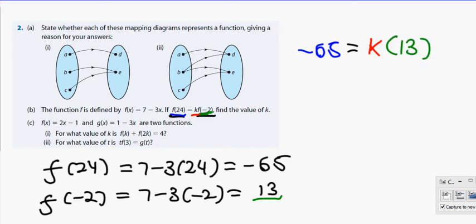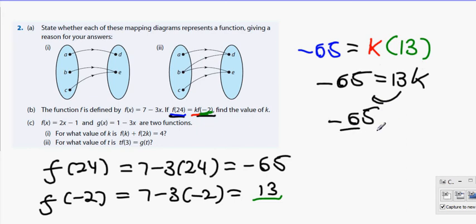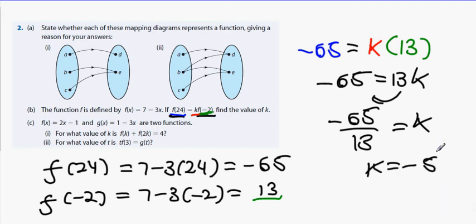This question basically turns into minus 65 equals 13k. Bring the 13 underneath. What's minus 65 divided by 13? k equals minus 5. Not too bad. Many people got that out. Okay, so well done. A good half is right.